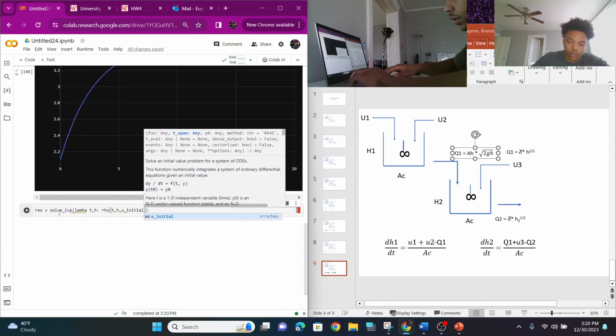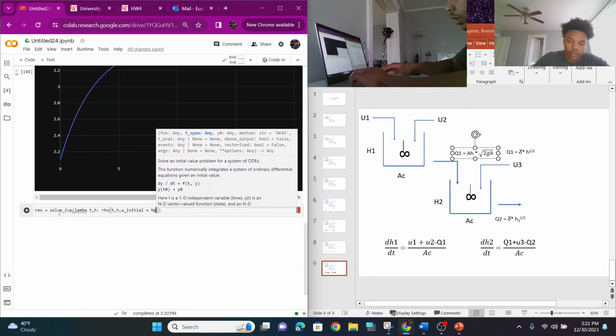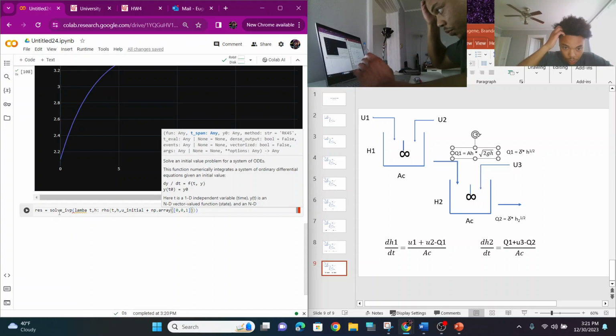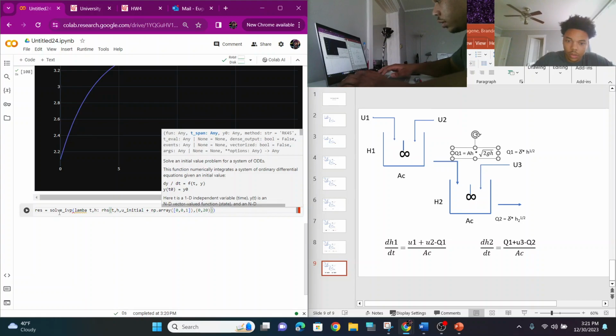And we're going to use our initial value for u and the array that we made earlier. But we're using it for our step transfer function, so we're going to input 1 for u3. And we're going to need our time constraint, 0, 20. And our initial h initial.